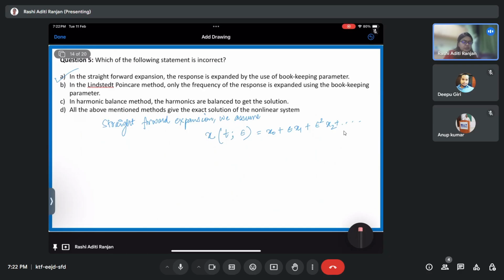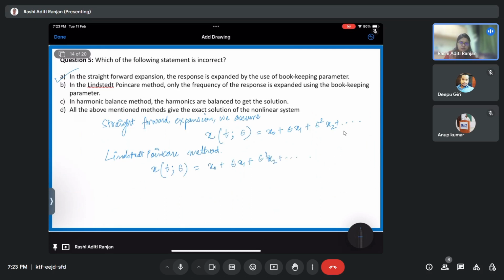The second is, in the Lindstedt-Poincaré method, only the frequency of the response is expanded using the bookkeeping parameter, which is wrong, right? Because in the Lindstedt-Poincaré method, we assume that my solution can be written in an infinite series form like this.